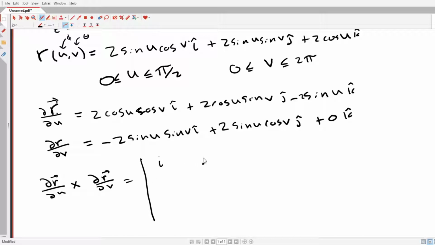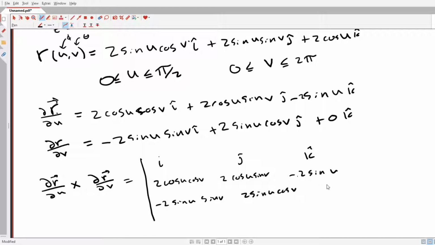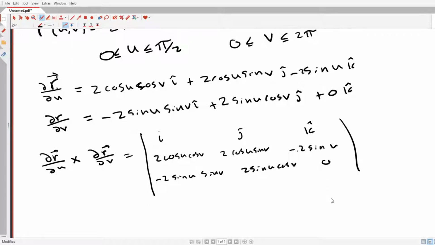So this is i, j, k, and I have 2 cosine u cosine v, 2 cosine u sine v, and minus 2 sine u, then minus 2 sine u sine v, 2 sine u cosine v, and 0.